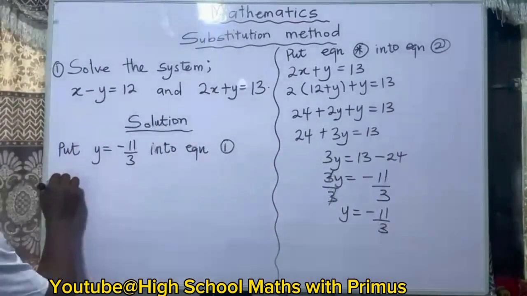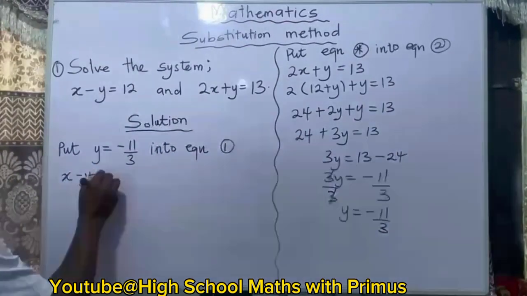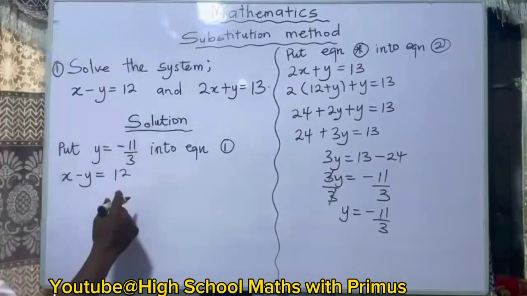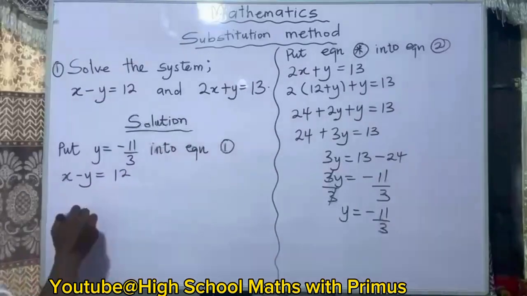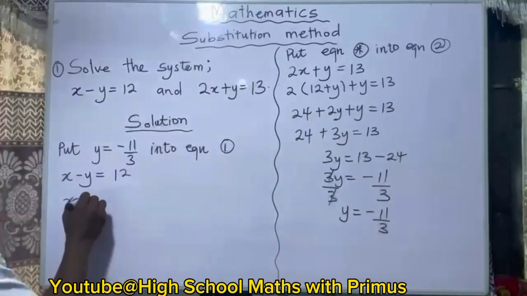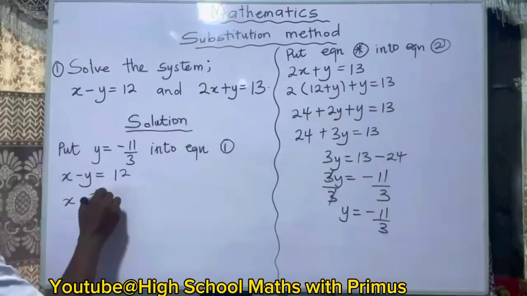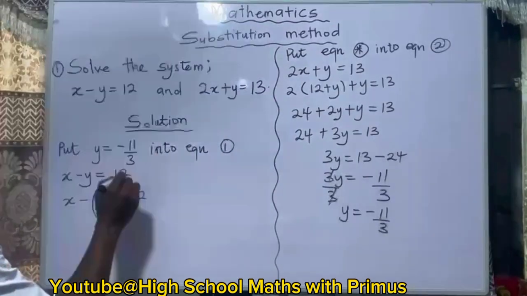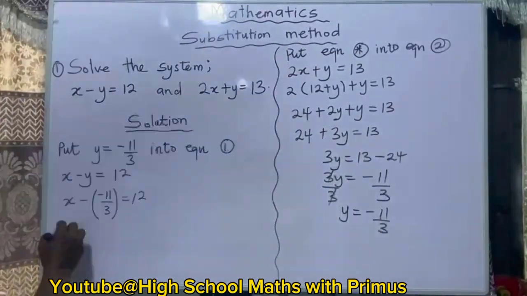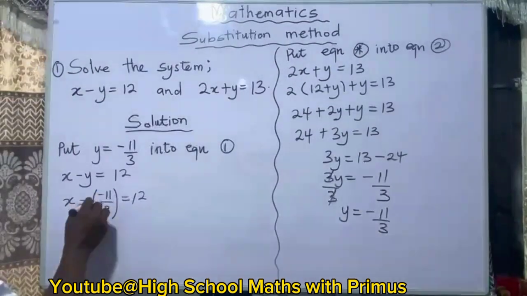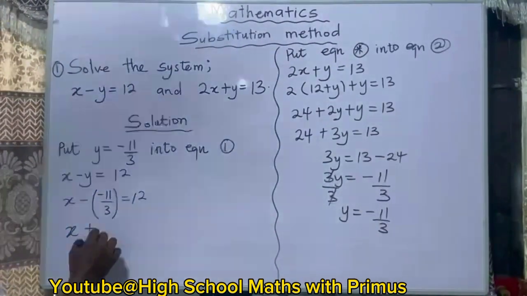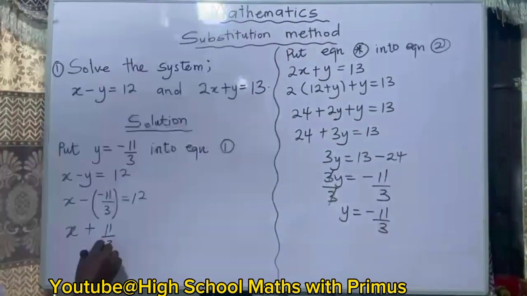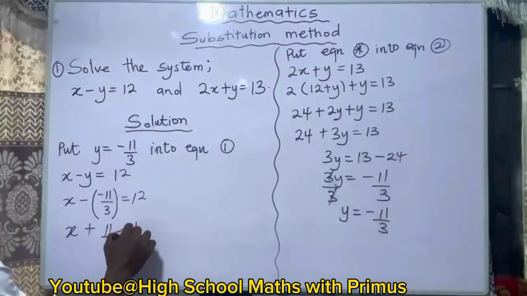So we quote equation 1, x minus y is equal to 12. Wherever we see y, we know it is negative 11 over 3. So we say x minus negative 11 over 3 is equal to 12. Two negative signs coming together will give us plus, so x plus 11 over 3 is equal to 12.